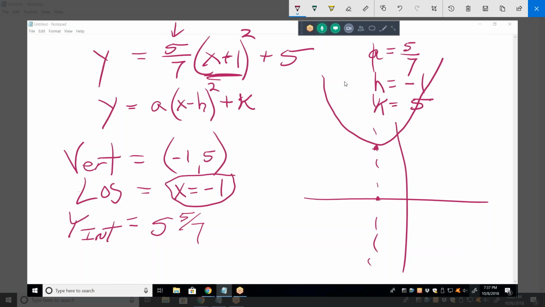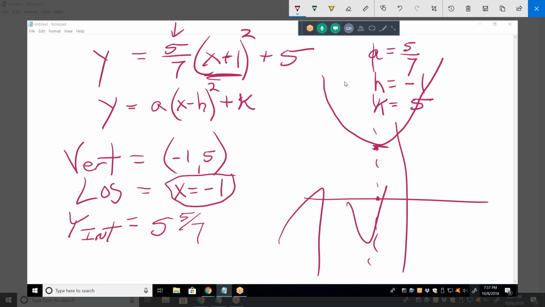Okay, and what was the other thing? Maximum or minimum? What is it if you look at the graph? The graph will always tell you whether you have a maximum or a minimum. Maximums look like that, minimums look like that.